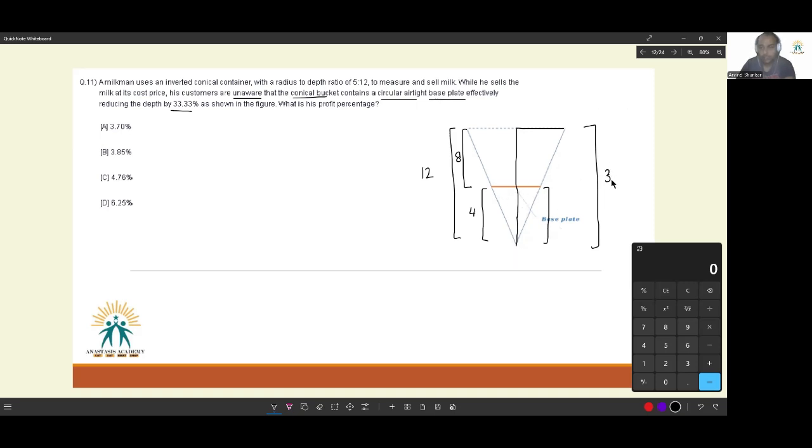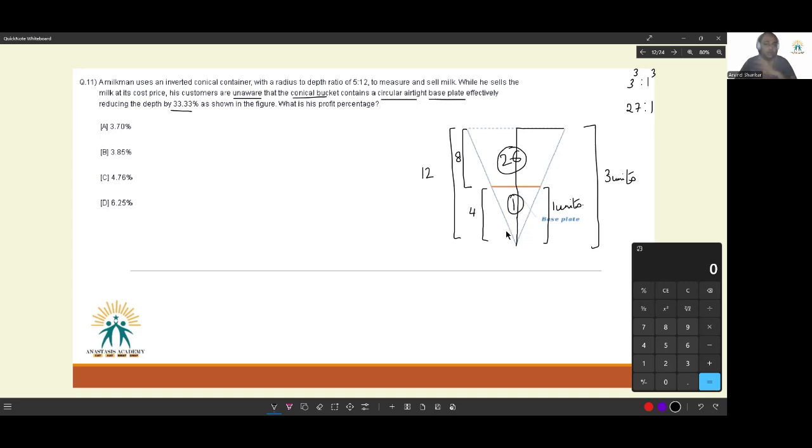The ratio of height is 3 units to 1 unit. So the ratio of their volume of the full cone and this portion at the bottom is going to be 3 cube is to 1 cube or 27 is to 1, which means he's effectively selling 26 units here.